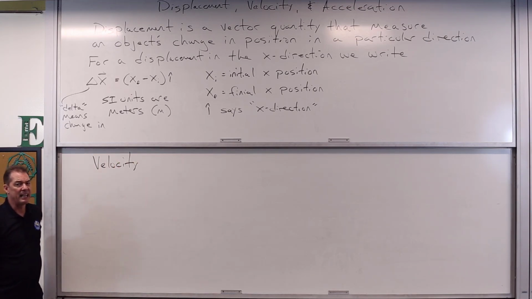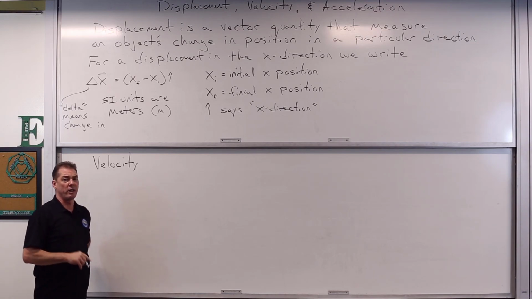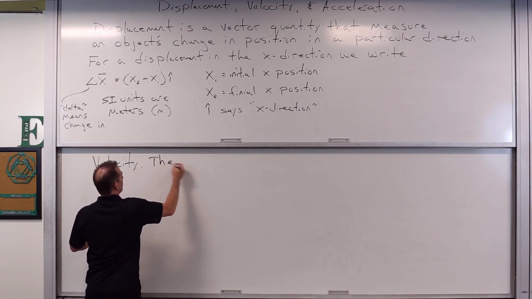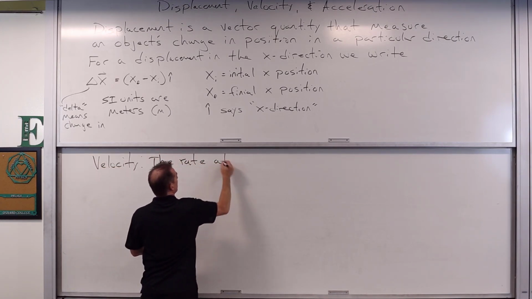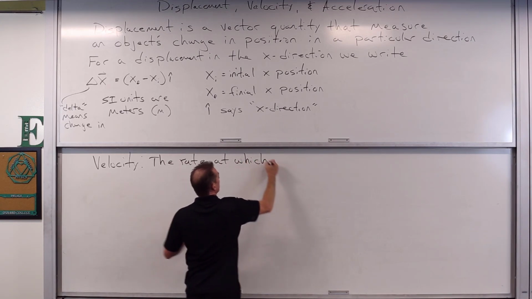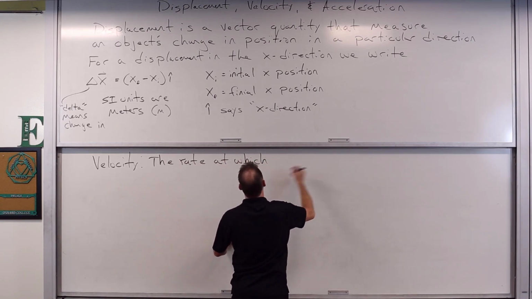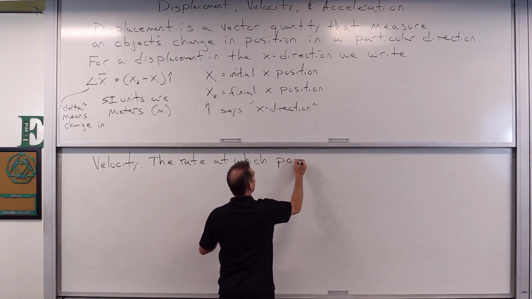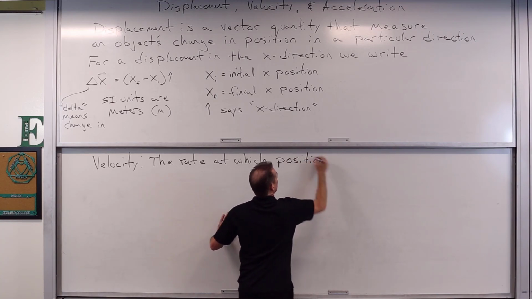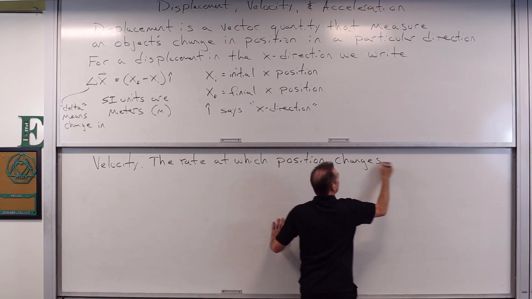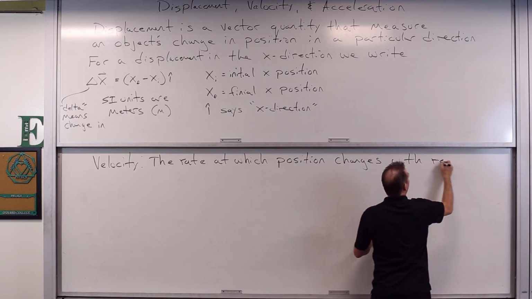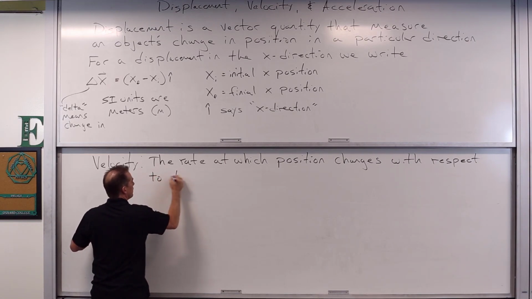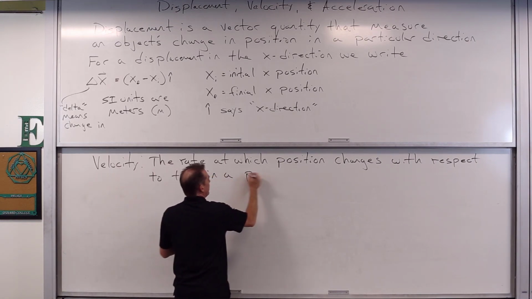Velocity. Velocity is the rate at which displacement is occurring with respect to time. Actually, we'll say the rate at which position changes with respect to time in a particular direction.